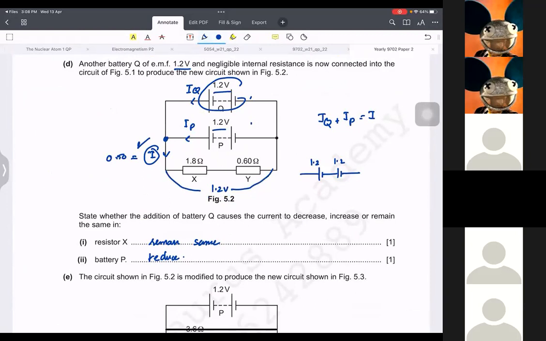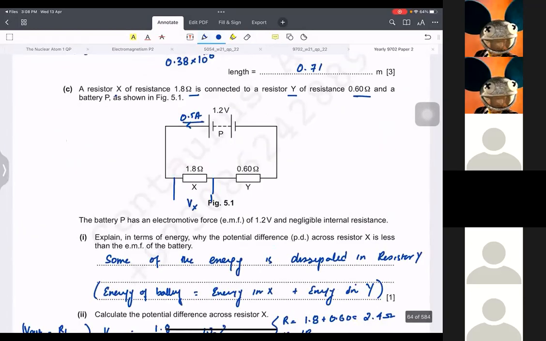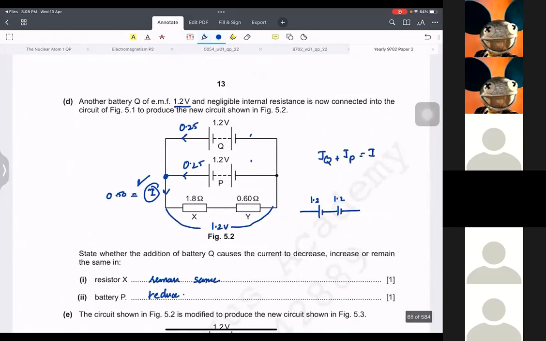Total resistance was 2.4, so the current is still the same. If two batteries are now supposed to supply that, this will supply 0.25 and this will supply 0.25. So battery P was supplying 0.5 before, and now P has to supply only 0.25. Isn't it decreased? Oh, all right. So if batteries are in parallel, they supply half the current.